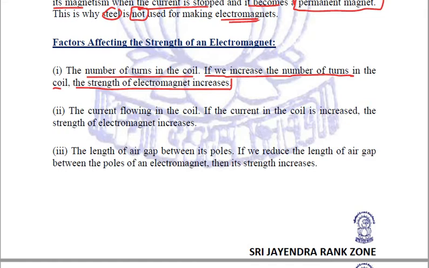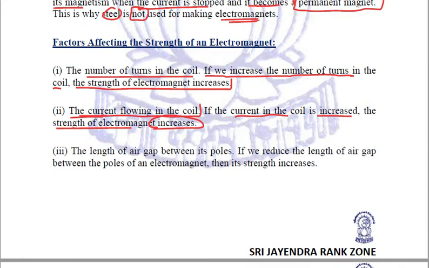The second factor is the amount of current flowing in the coil. Again, the strength of magnetic field of an electromagnet is directly proportional to the amount of current. If the current in the coil is increased, the strength of the electromagnet will also increase.